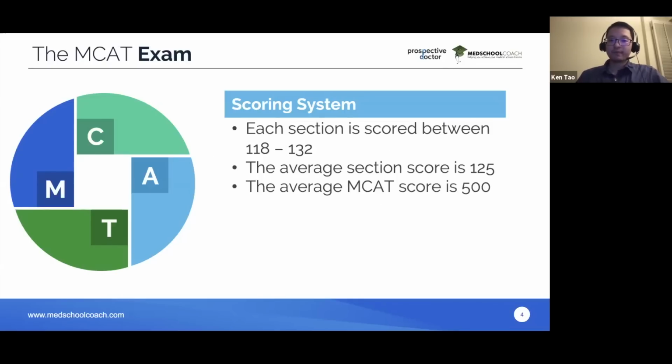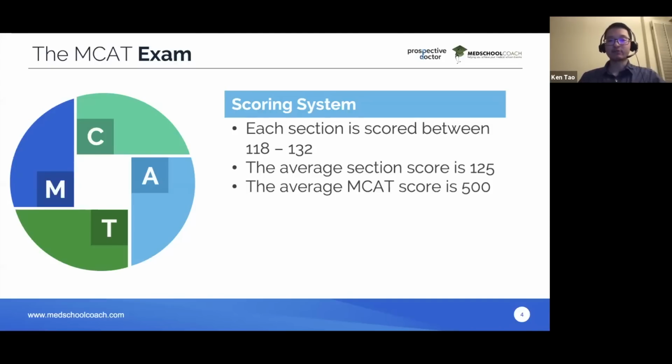Number 2, the scoring system. The MCAT has a score for each section of the exam between 118 to 132, 118 being the lowest score and 132 being the highest score. Right in the middle of that range is 125. That is the average score on each section.